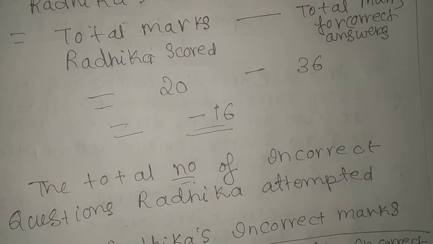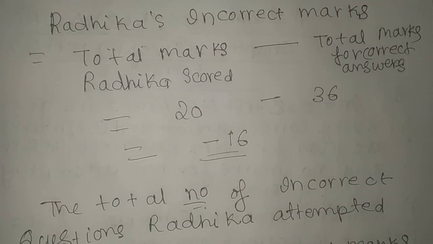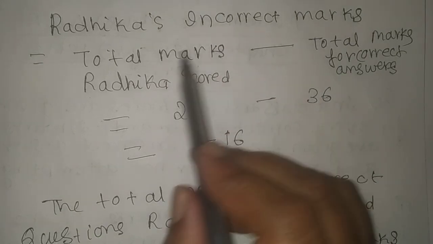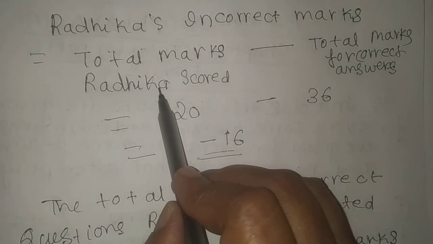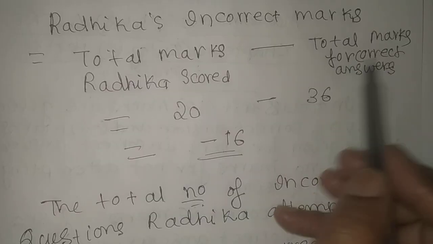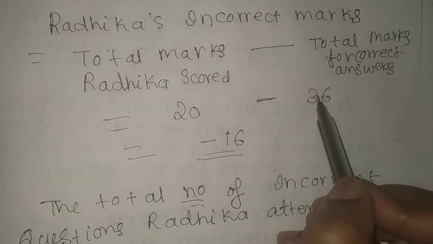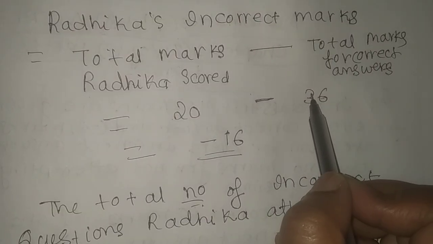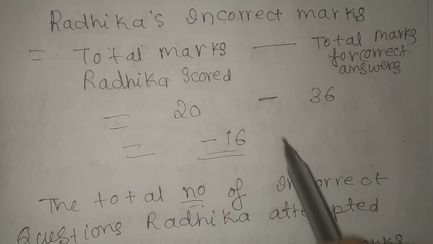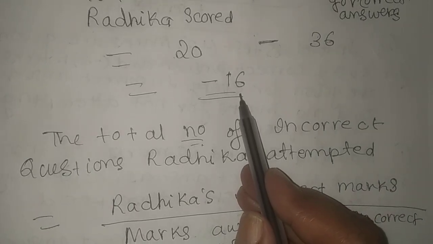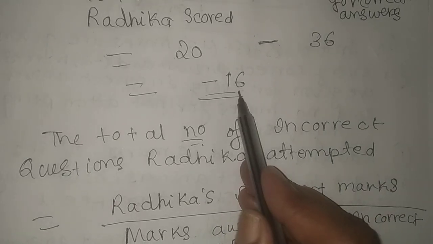Next, Radhika's incorrect marks, that is marks for the incorrect questions. That will be the total marks Radhika scored minus the total marks for the correct answers. So 20 is the total marks she scored, minus 36 for the 12 correct answers, so she gets minus 16 as the negative marks.